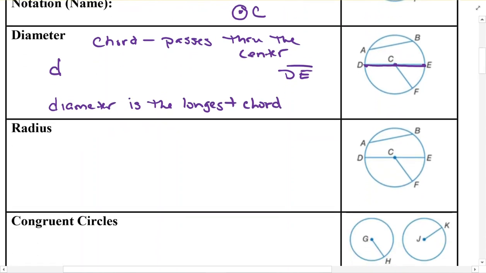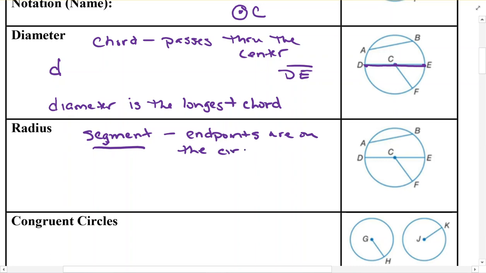A radius, again, is a segment, not a line, not a ray. It's a segment, and the endpoints are on the circle and the center.